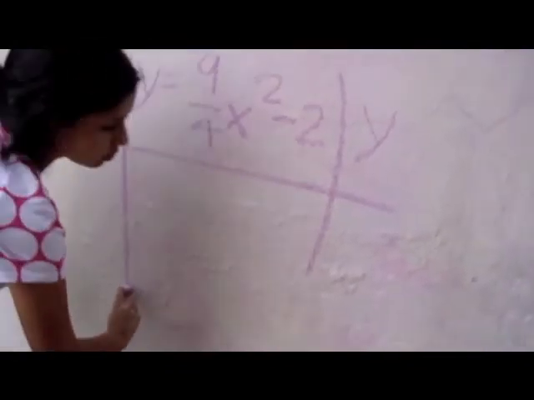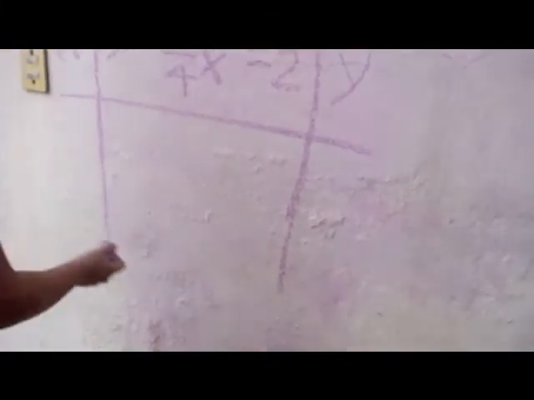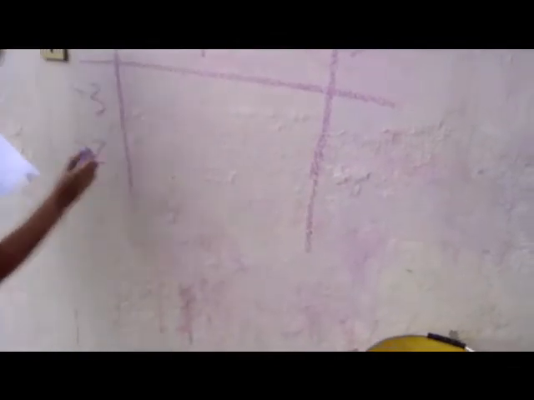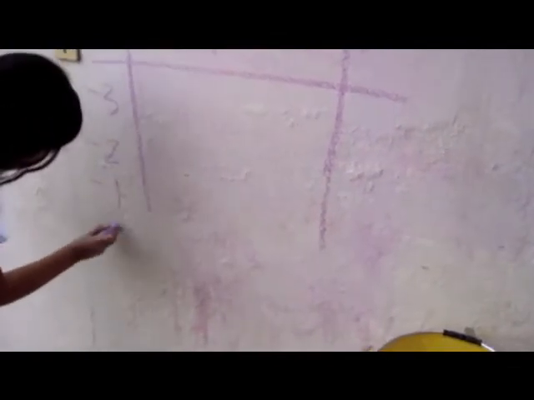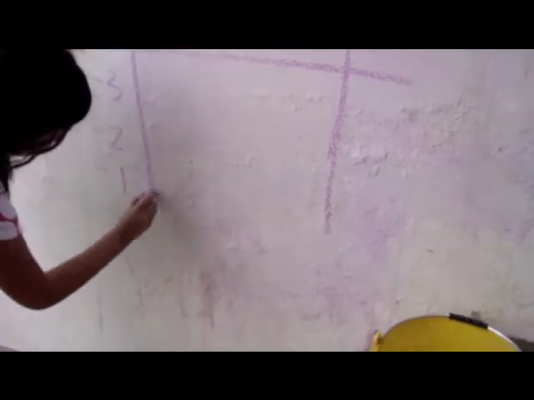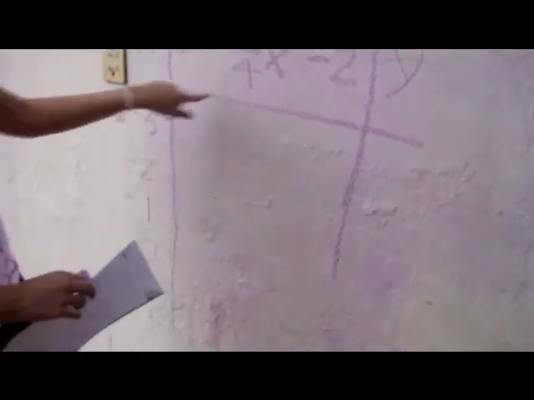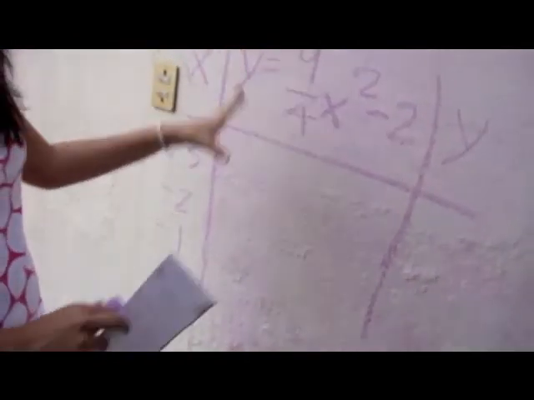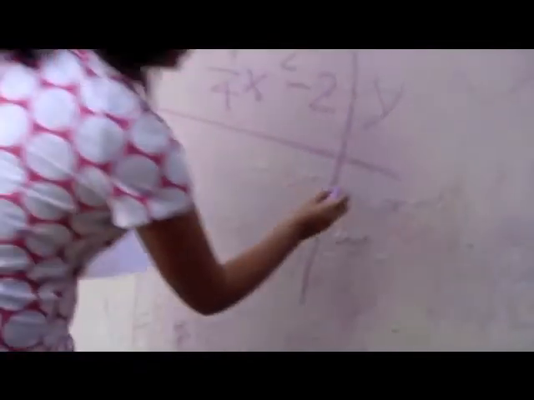We need to put values to the x, so we get our y value, so then we can mark those points in the graph. We will use negative 3, negative 2, negative 1, 0, and 1. And what you have to do with these values is substitute them in the x. So here we will put negative 3, and when you solve this equation in the y, you will get 18 1/4.